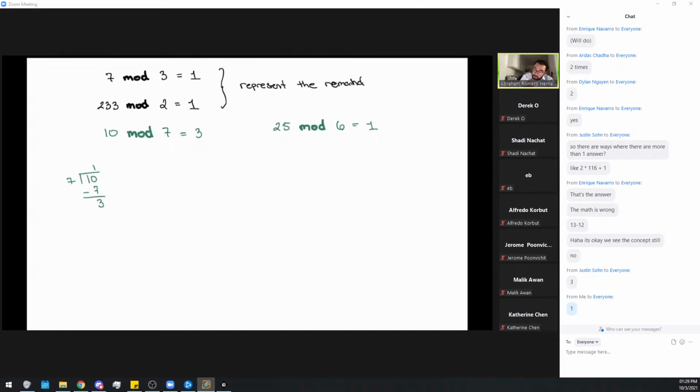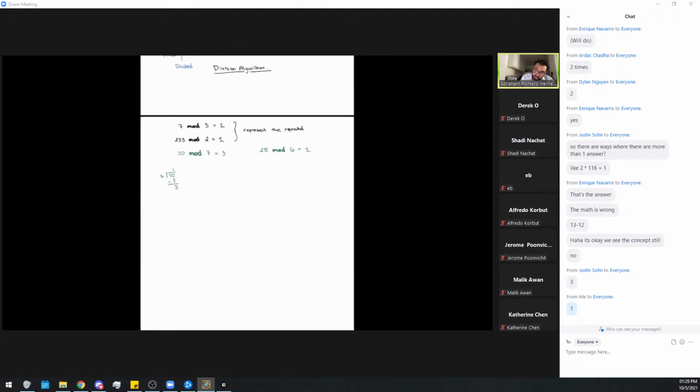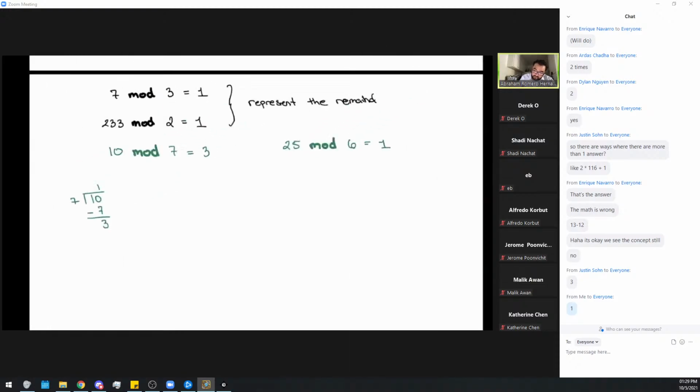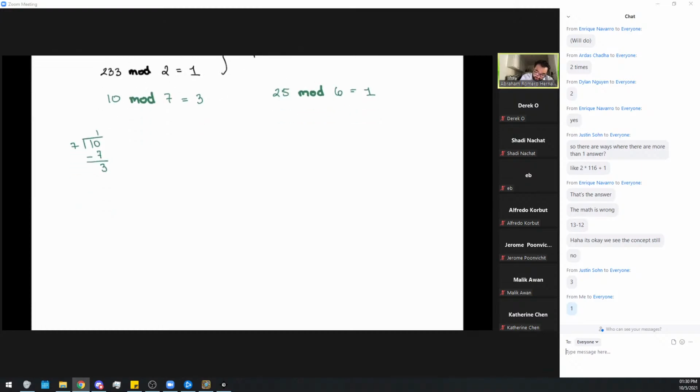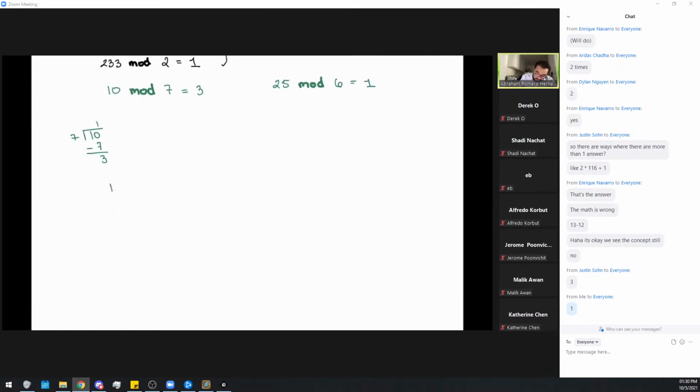Now, another way you will see this is in this format. Let me write it up here. 1 is congruent to 7 parentheses mod 3.